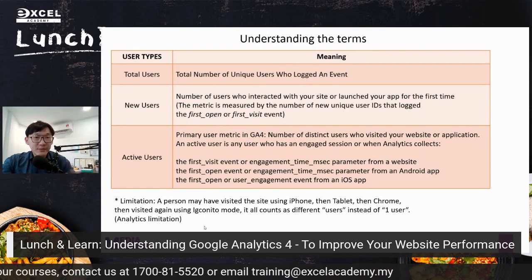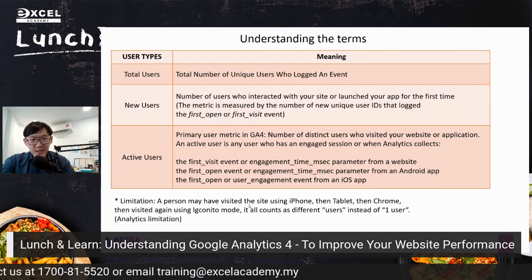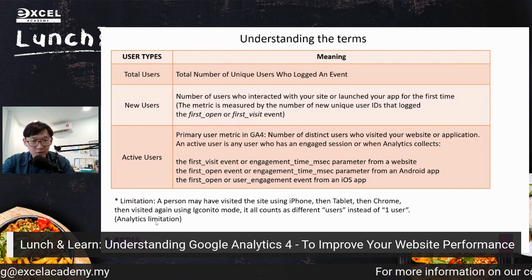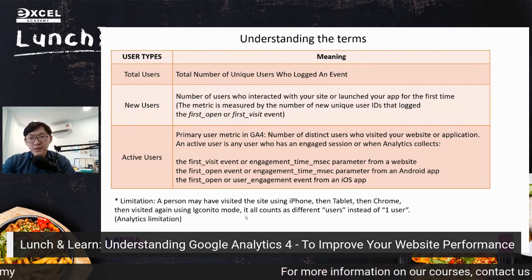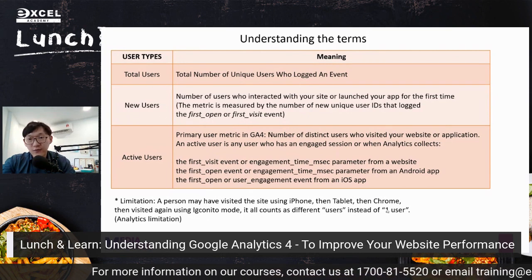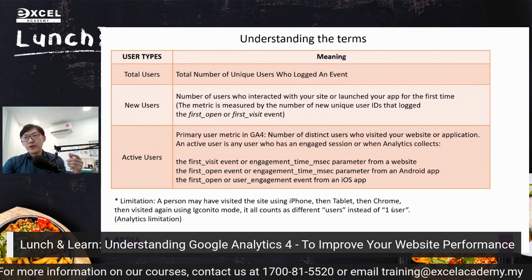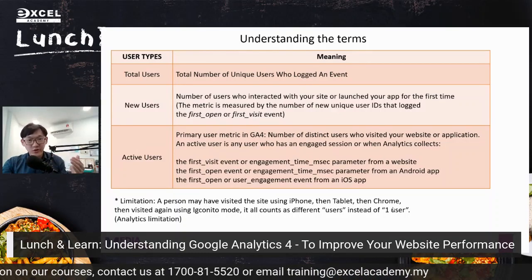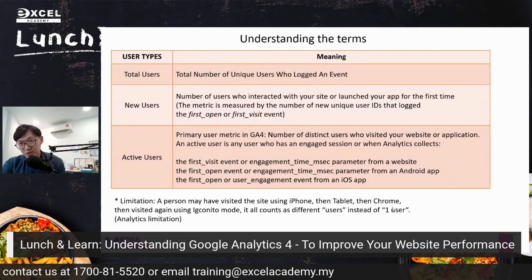So there's this one limitation here. A person may have visited the website using an iPhone, tablet, then Chrome, then visit again using incognito mode. All of these count as different users instead of one user. This is not a bug, but just a technology limitation, an analytics limitation.